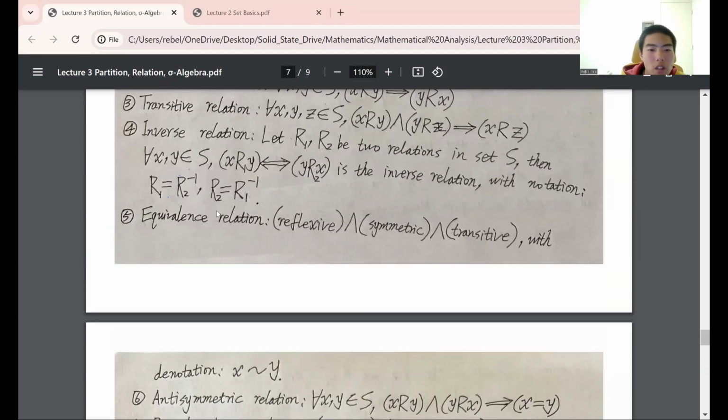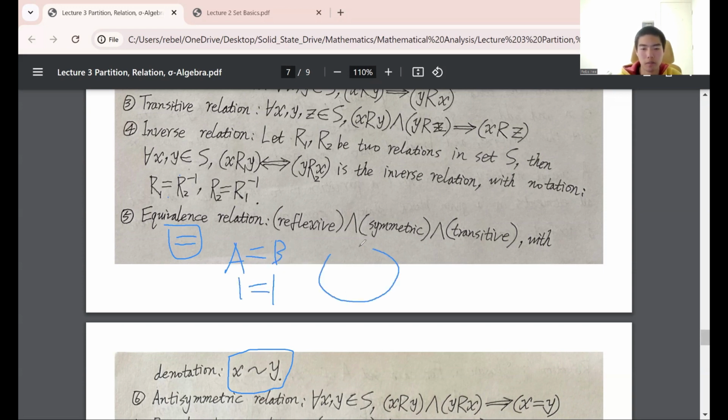And the fifth one is the equivalence relation. I would say this is the most common relation in mathematics because it corresponds to the equal sign. An equivalence relation can be used between sets, between numbers, and between coordinates, like in the first quadrant, the second quadrant, the third quadrant, and the fourth quadrant.